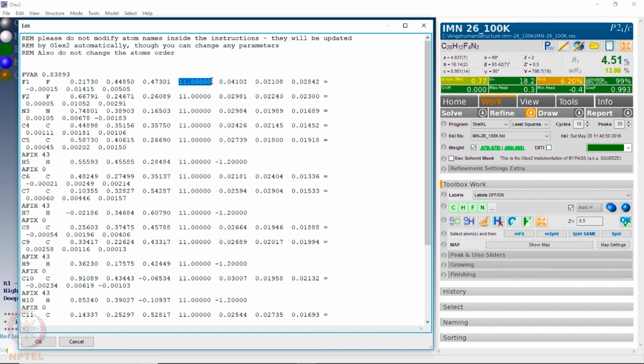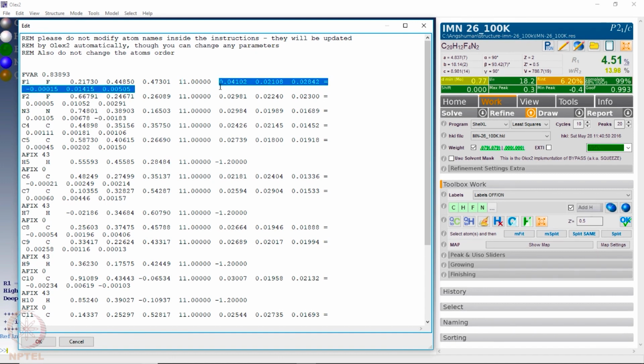Then this is the occupancy parameter, which we will discuss further today. When the parameter is 11, it means that occupancy is 100%. When the parameter has a fractional value in the decimal place, then we write it as 10 point something. So 10.5 means 50% occupancy, 10.25 means 25% occupancy, and so on.